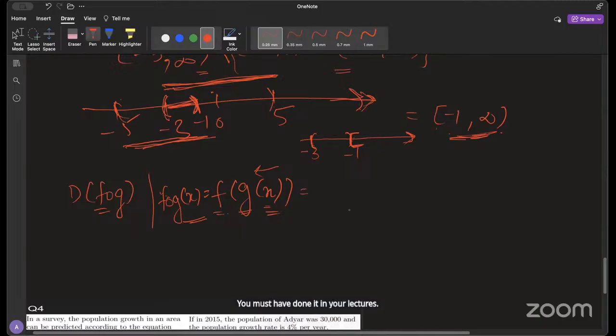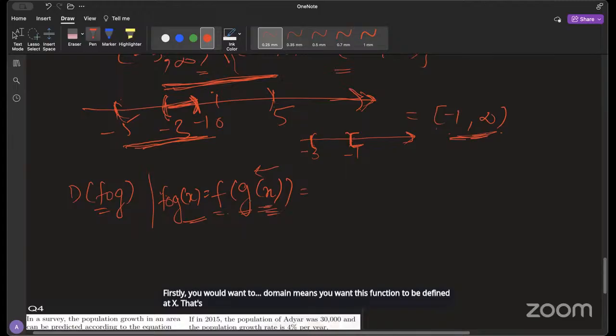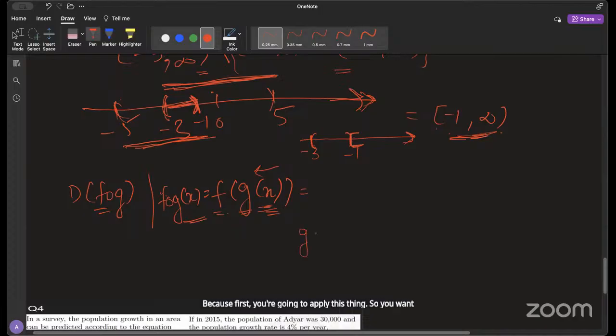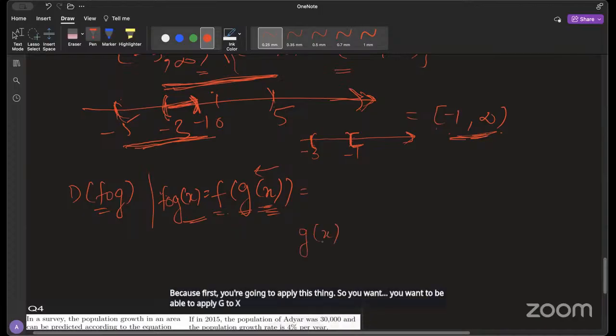So if you need to find the domain of this thing, firstly, domain means you want this function to be defined at X. That's what domain means. So you want G to be defined at X first, because first you're going to apply this thing. So you want to be able to apply G to X, right?